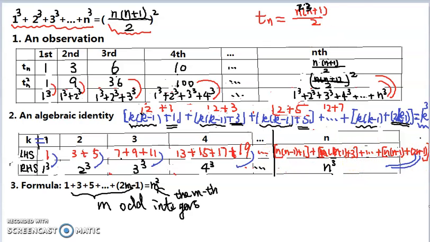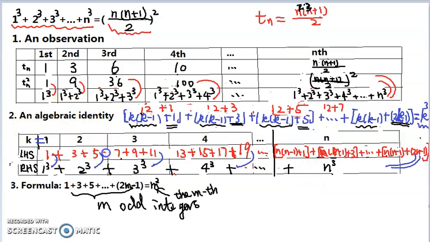Next, we are going to add all the cubes, because that's what we need on the left-hand side of the formula. So when we add 1 cubed plus 2 cubed plus 3 cubed plus 4 cubed plus dot dot dot plus the very last one, n cubed, it will be equal to adding all these odd integers, because we just verified that each column matches.